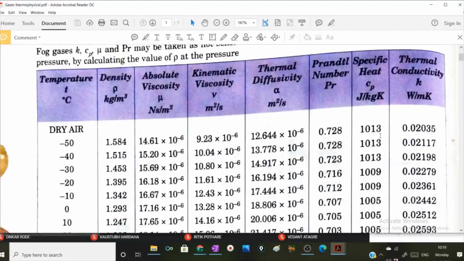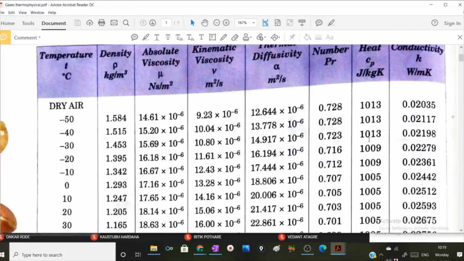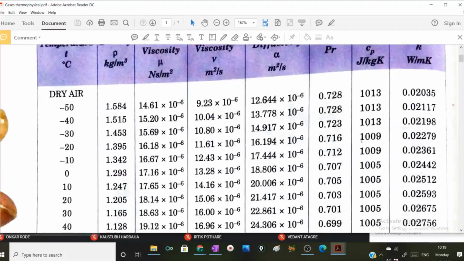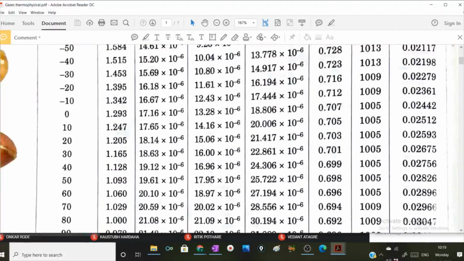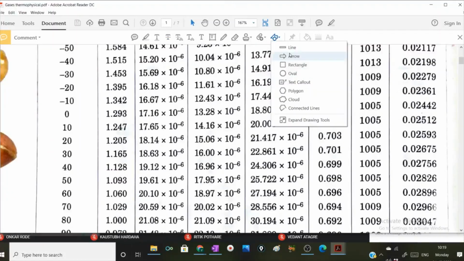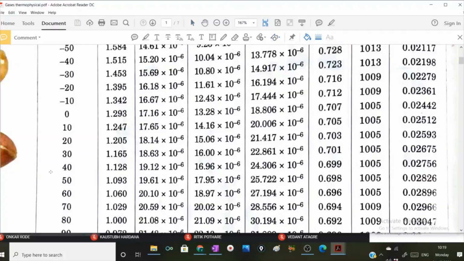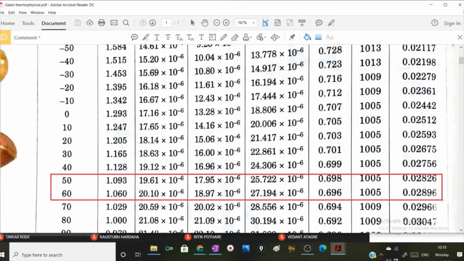Okay, so our reference temperature is 52 degrees Celsius. In this case, 52 will be lying in between these two ranges, isn't it? So from interpolation between 50 and 60 degrees Celsius for 52 degrees Celsius, I can find out the thermophysical properties of air.